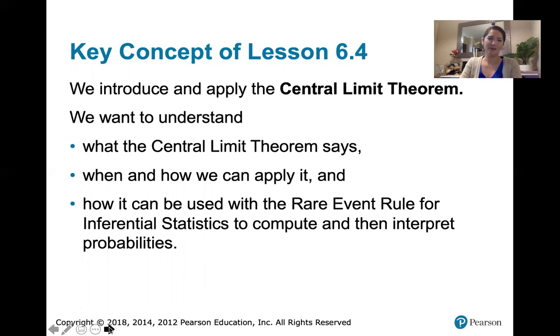And then we want to know how it can be used with the rare event rule for inferential statistics to compute and then interpret probabilities. So the central limit theorem will allow us to compute some probabilities, some very important probabilities, but that rare event rule will allow us to interpret those results. So we'll put those two pieces together to make conclusions about the results of some statistical analysis.